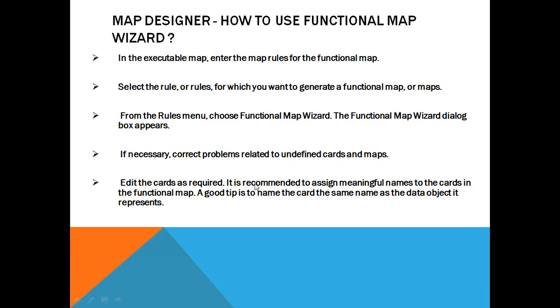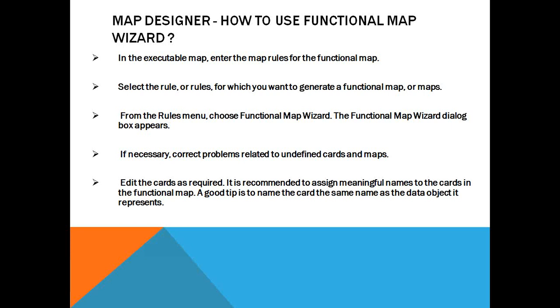Edit the cards as required. It is recommended to assign meaningful names to the cards in the function map. A good tip is to name the card the same as the data object. Basically, in real-time situations, they won't leave the input and output card names as IN1, IN2, IN3, out1, out2 like that. We have to give meaningful names.